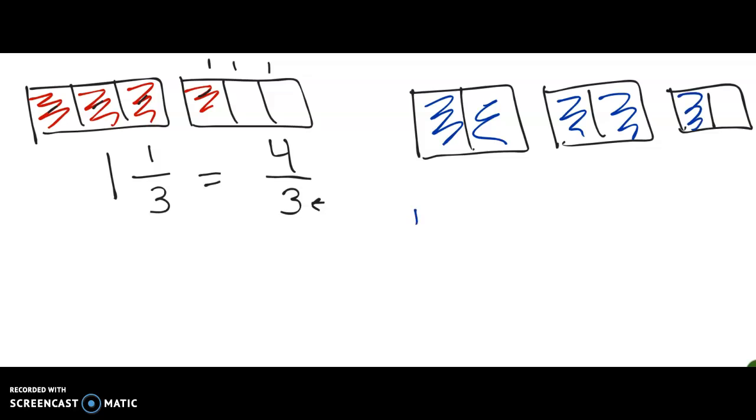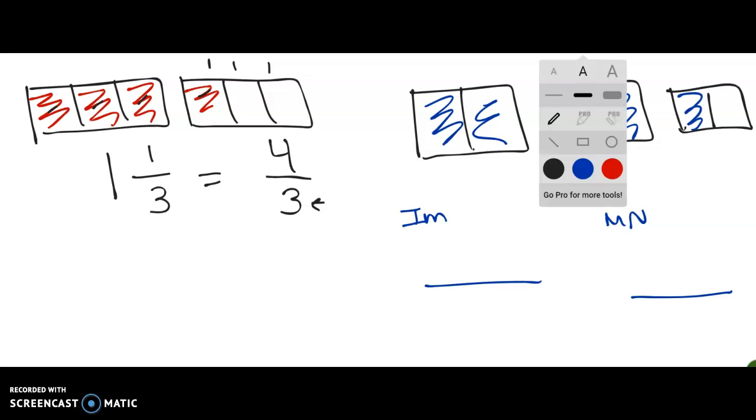So I want you to find the improper fraction and the mixed number. Great, welcome back. So I hope you paused and showed your work. If you didn't, go ahead and pause, answer them, and then come back in. If you have, let's go through it.